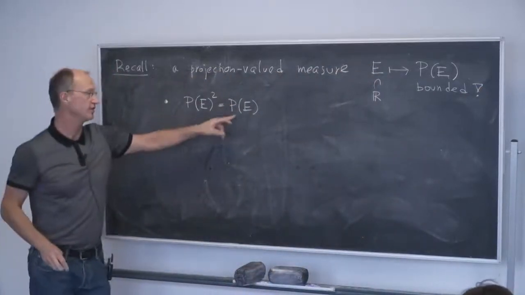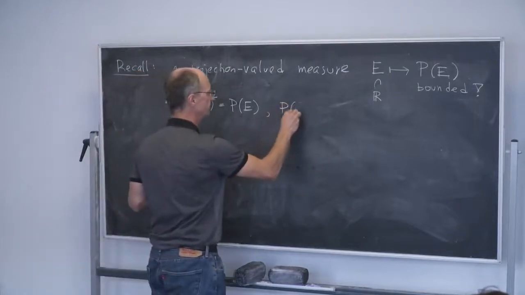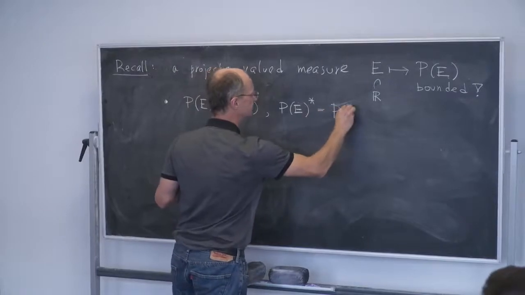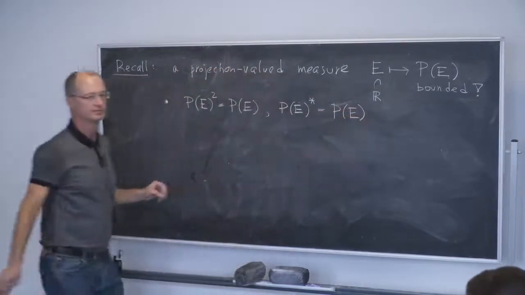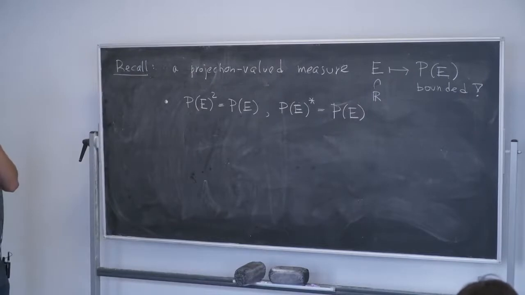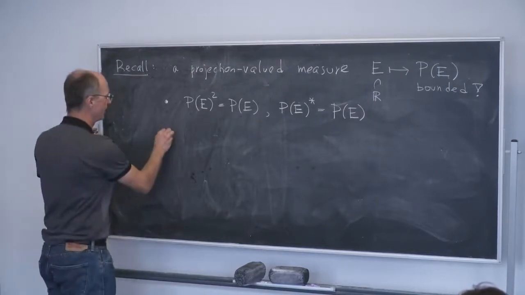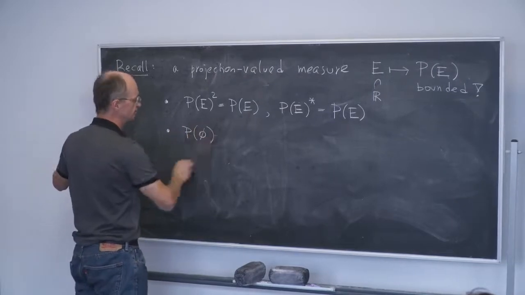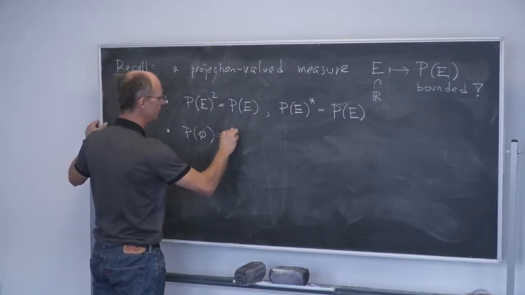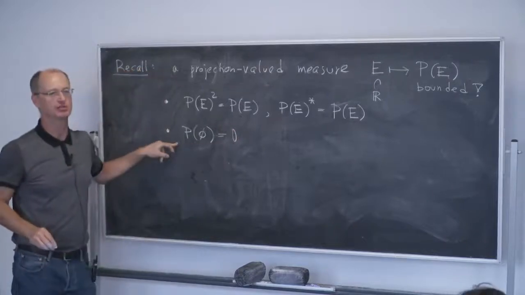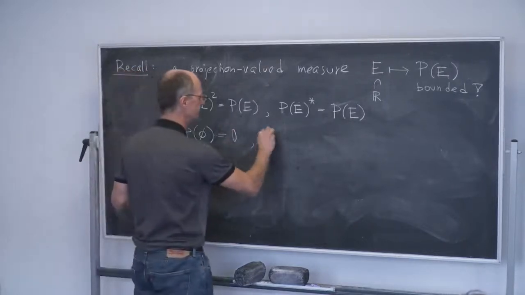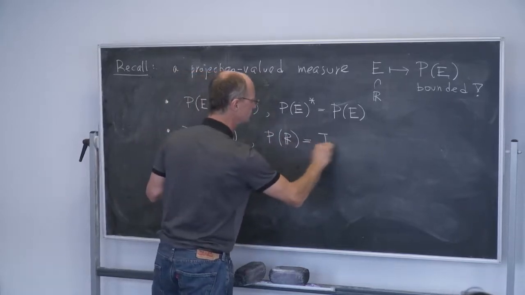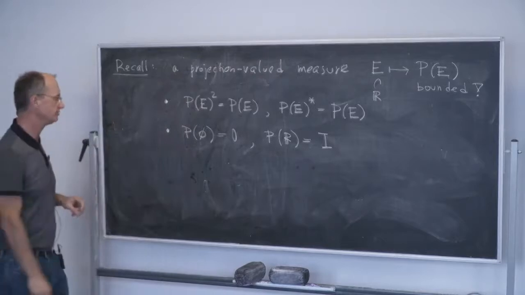So P of E squared is equal to P of E. So they are self-adjoint. P of E star is equal to P of E. And just by definition, P of the empty set is a zero operator. P of the whole real line should be the identity operator.